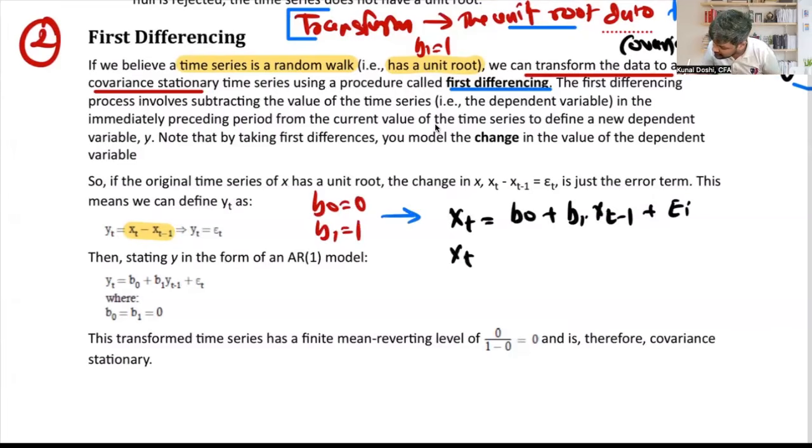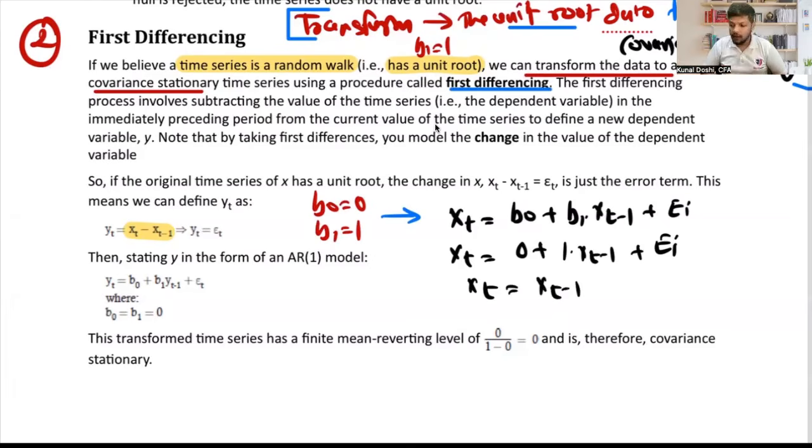So if we now see the model, if we input these values, then this will be 0 plus 1 into xt minus 1 plus error. So basically, my xt will be equal to xt minus 1, am I correct? Which is nothing but it's going to be plus error. Now, guys, very interesting.